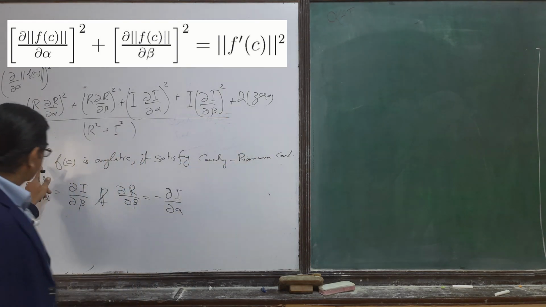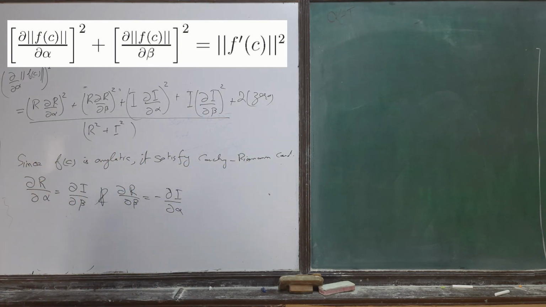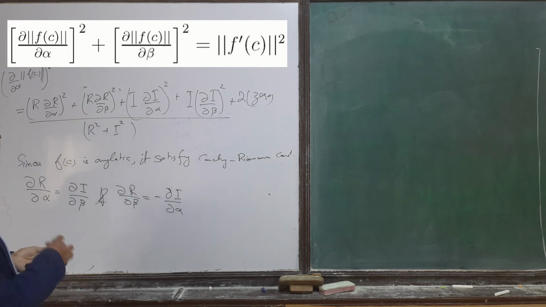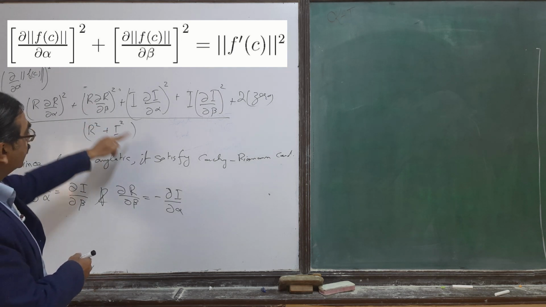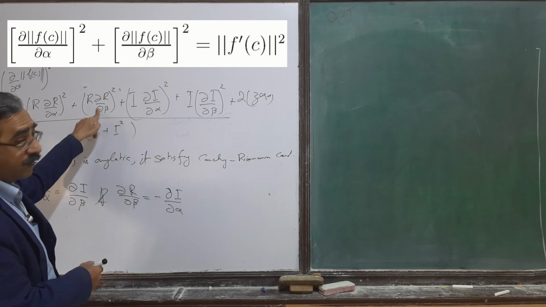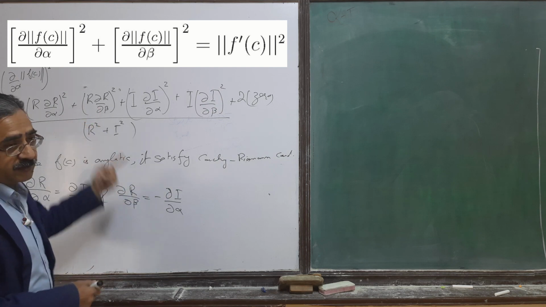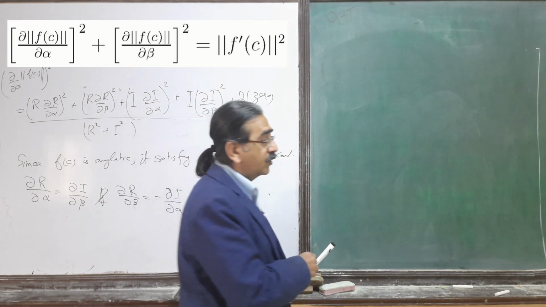Okay, and since F(c) is analytic, it will satisfy the Cauchy-Riemann condition, that is, the Cauchy-Riemann equation. So if I put here, I may put partial R over partial beta equal to minus partial I over partial alpha. Okay, and minus square is plus.